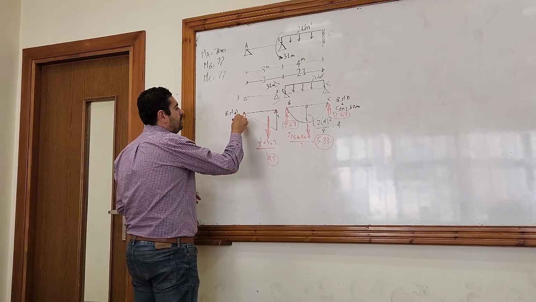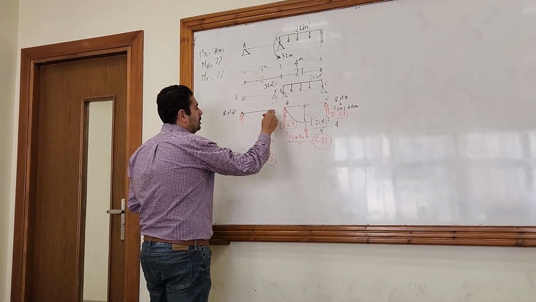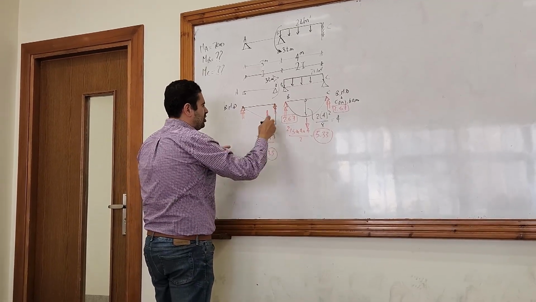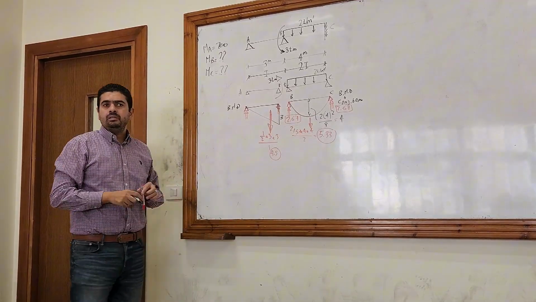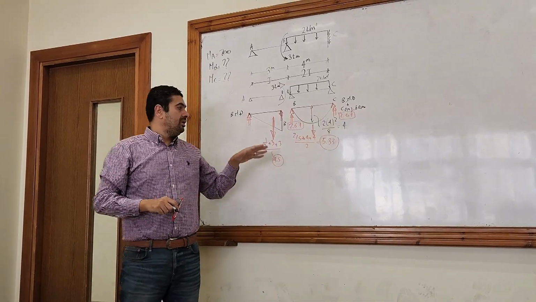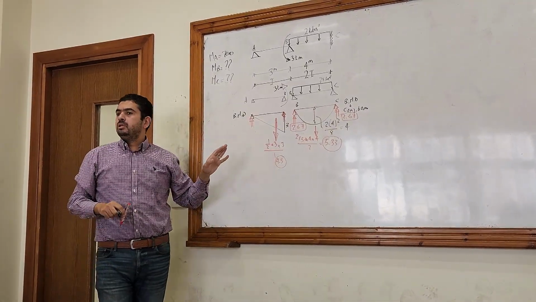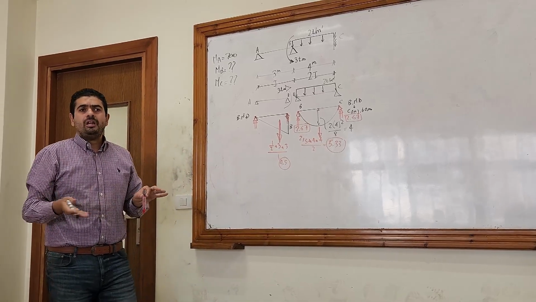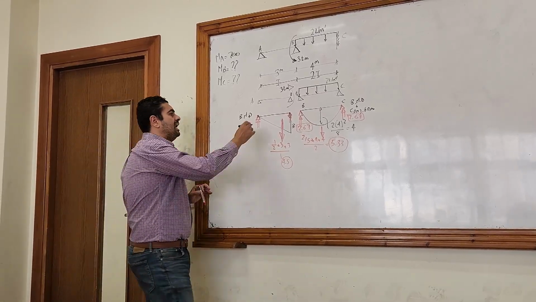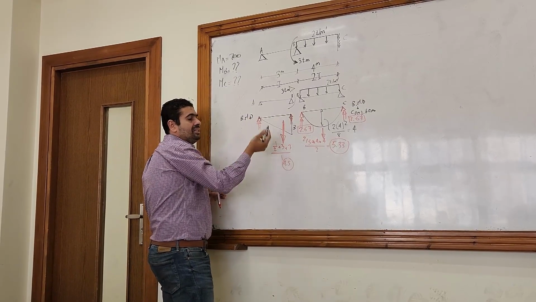How can I calculate these reactions? Here that was easy, right? It was in the middle, so half and half. But here the triangle is not in the middle, so it's not half and half. How can I calculate the reaction? Easy, like structure 1. Take a moment at any point and calculate the reaction.